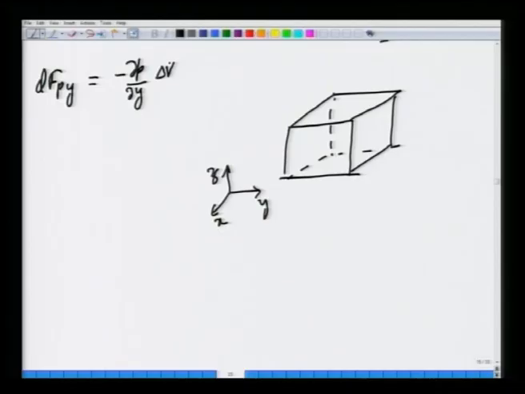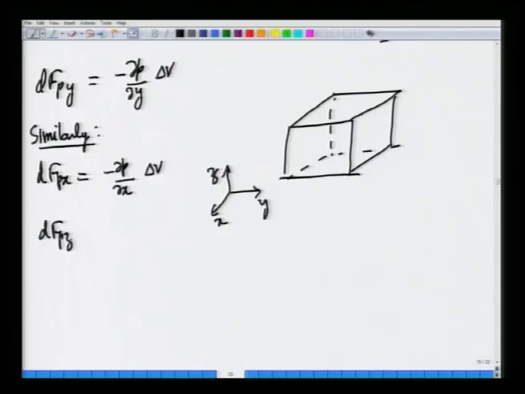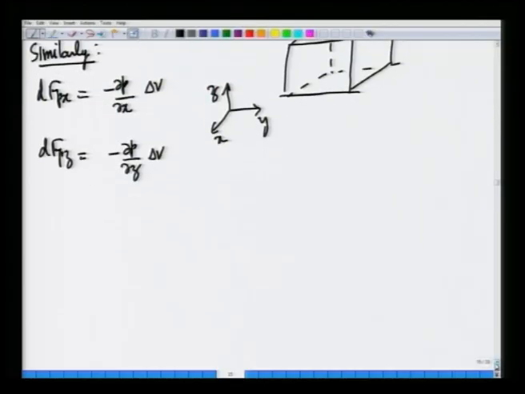This is the y component, but just by analogy, similarly you can do it as an exercise at home. You can show that dFpx, the net x component of the force due to pressure alone, is minus partial p partial x delta v, and dFpz is minus partial p partial z times delta v. So, we can construct the vector force.